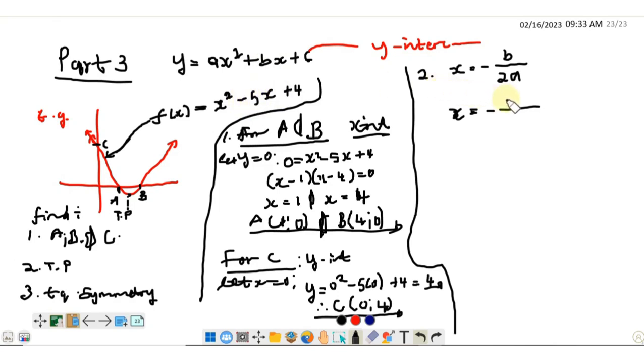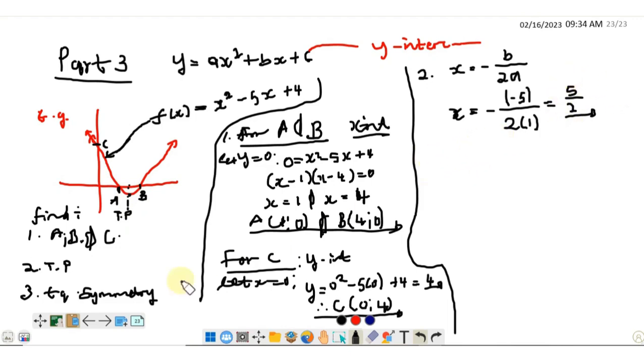It's negative 5. So this is negative negative 5 over 2 times, what is the value of a? It's 1. A is 1. Here there is nothing in front, so a is 1. So x equals, negative times negative gives us positive, so that is 5 over 2 times 1, which is 2. So x is 5 over 2, meaning the x value for the turning point is 2.5.